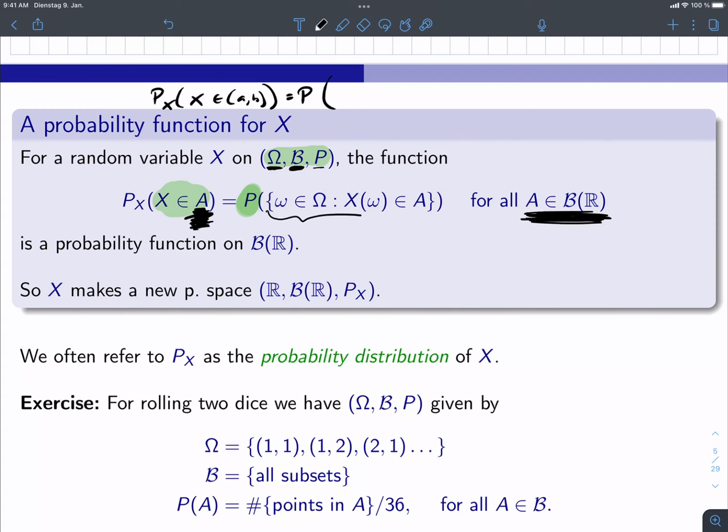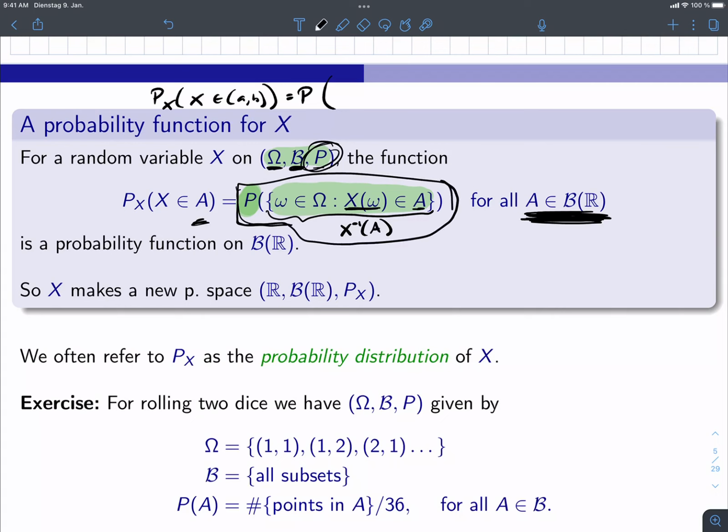So this here is the inverse of the set A. So it's like the outcomes in the sample space for which the random variable x gives us a value in A, and we're going to use our original probability function in our probability space to measure that probability. And that's how we're going to define our probability function for the random variable x.